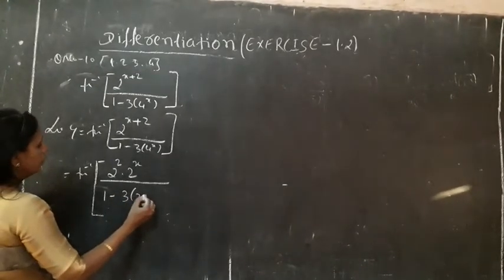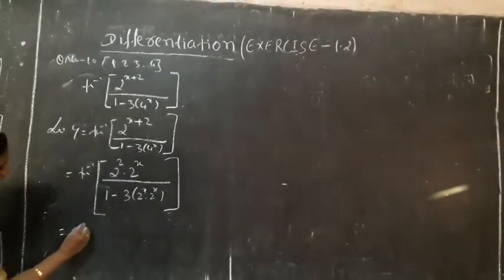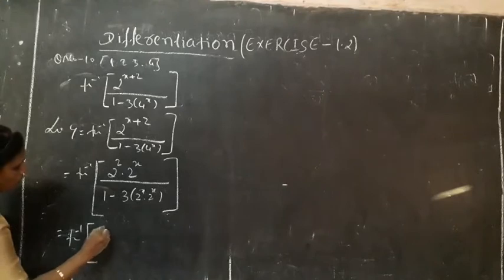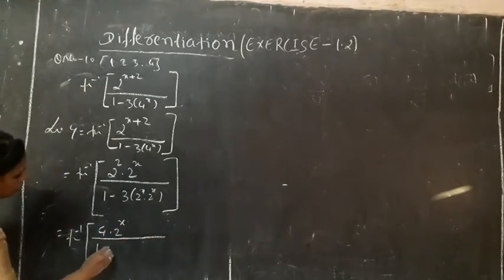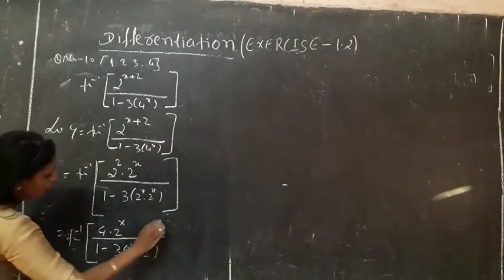Here also we can write like this. Therefore, this becomes tan inverse of 4 into 2 raised to x divided by 1 minus 3 into (2 raised to x) square.